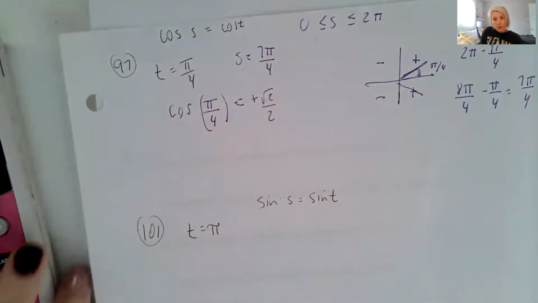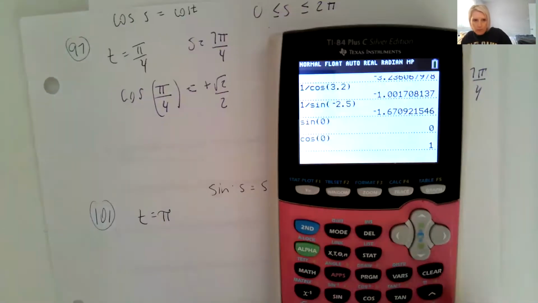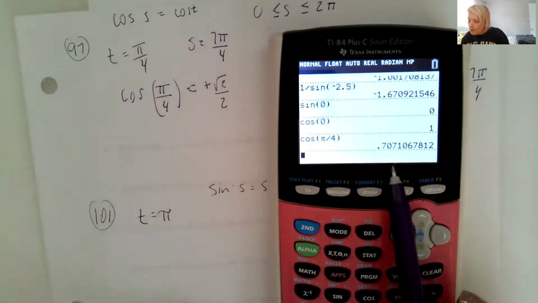And the cool thing is we can check our answers because we're in radians mode. Cosine of pi over 4 is 0.7071.